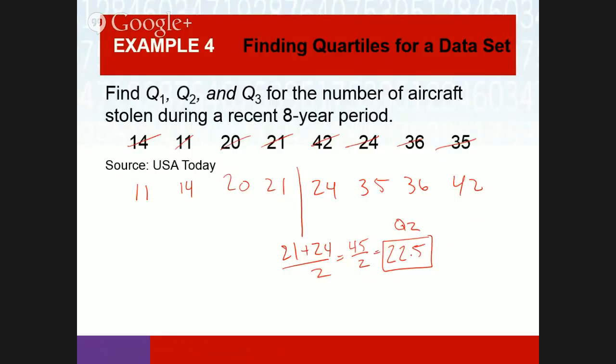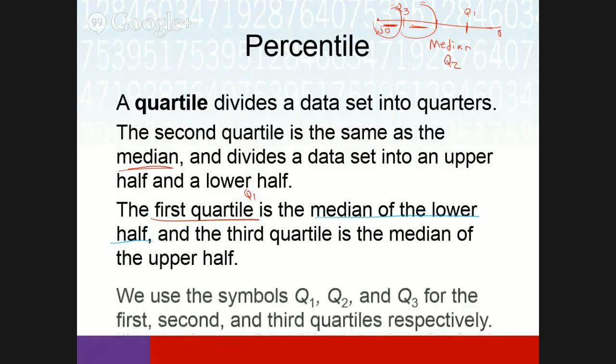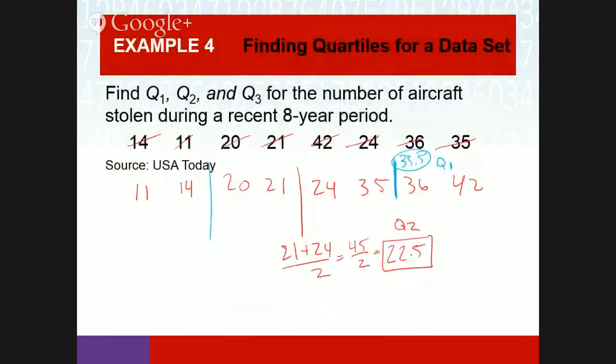What would be Q1? Between 35 and 36. Good. So it would be in between these two, which would be 35.5. What would be Q3? The first quartile is the median of the lower half. It doesn't really matter.